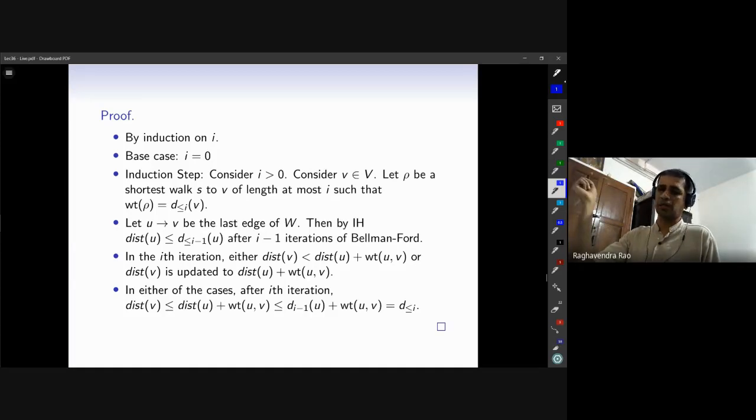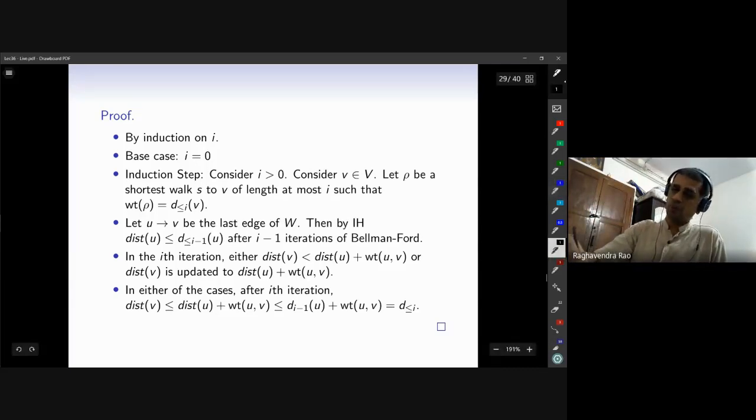But let's be more specific about what we really want. Let's consider the last edge of rho.